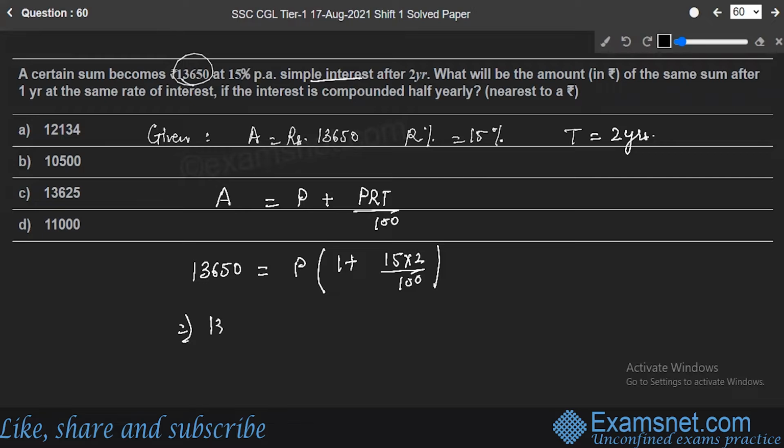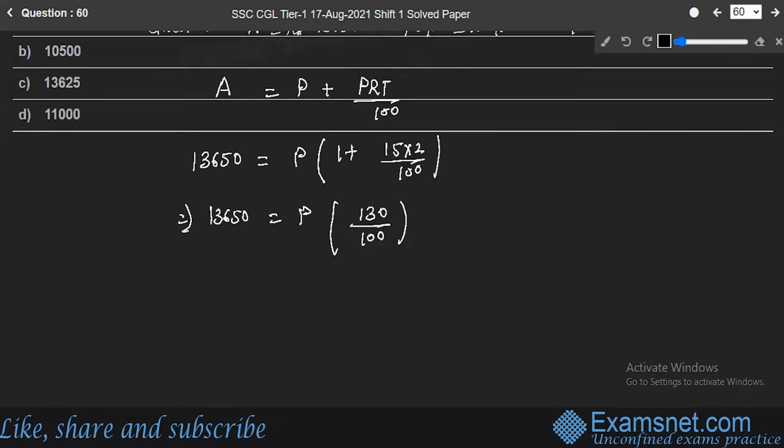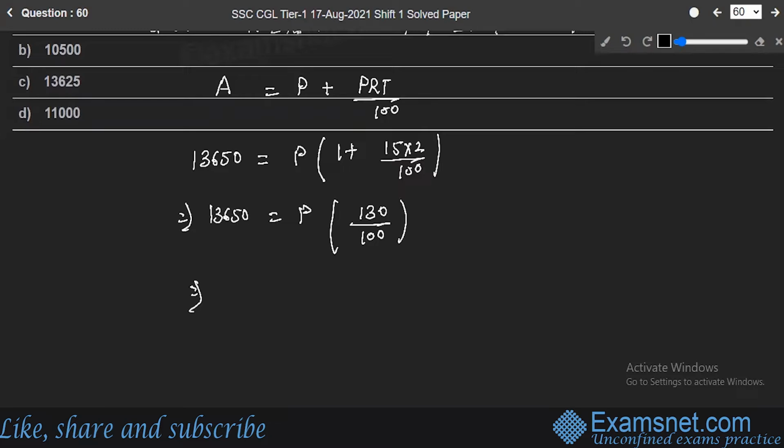This makes it 13650 is equal to P. This becomes 130 upon 100. So 13650 into 100 upon 130 is equal to P, which on solving will give you rupees 10,500.